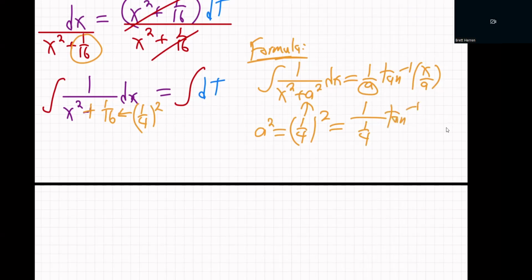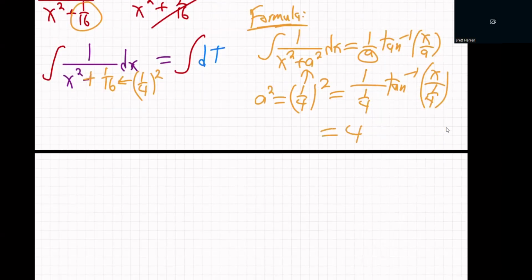Tangent inverse of x over 1/4. Again, the a is 1/4. So that means, flip it up, it's going to be 4, right? Flip this up to the top. 4 tangent inverse 4x.